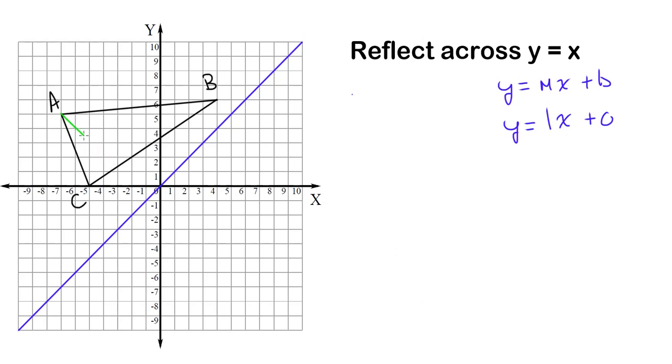I'm going 1, 2, 3, 4, 5, 6 diagonals to get to the line. So I'm going to go 6 in the other direction: 1, 2, 3, 4, 5, 6. And this is the location of point A prime.